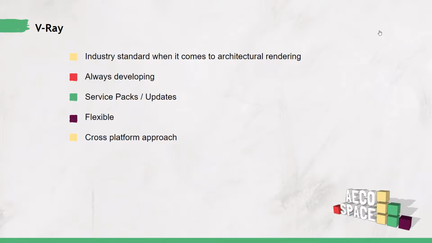Over the years, V-Ray has become an industry standard when it comes to architectural rendering, both exterior and interior. One of the many reasons for that is that V-Ray is always developing. When it comes to its development, it's always listening to you, to the clients, to the users, to people who actually voice their opinion and say, hey, I want that, this would make my life better, this would make my work better.